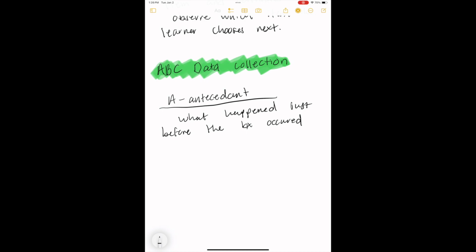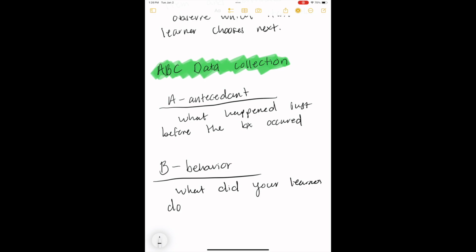All right, B is behavior, right? What did your learner do, right? What did your learner do? What was the behavior? Behavior is everything that you can see. So I'm just going to assume you know that behavior is everything you can see.